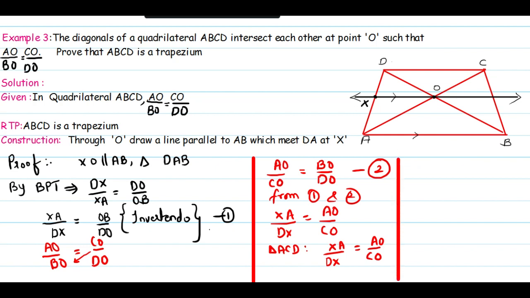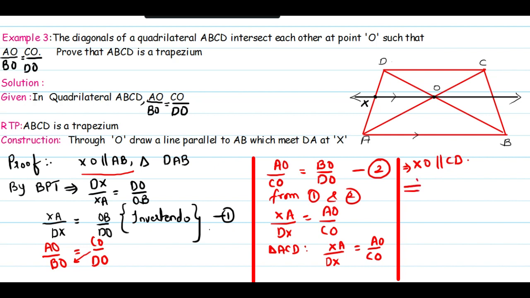So, now we can say that XO is parallel to CD, but we have drawn XO in such a manner that it is parallel to AB. XO is parallel to AB, we have constructed it in such a manner. Now, we got that XO is parallel to CD. So, we can say that CD is parallel to AB.